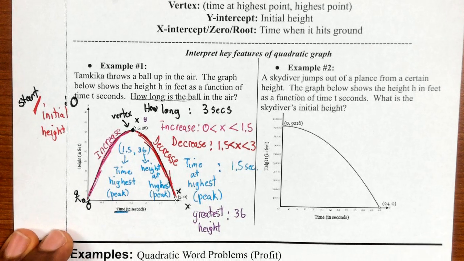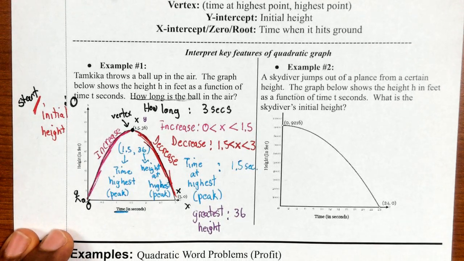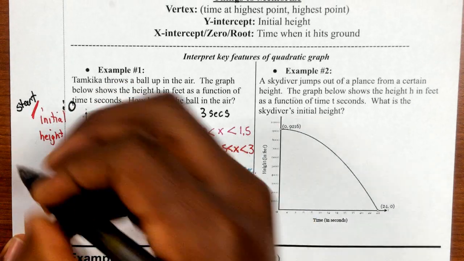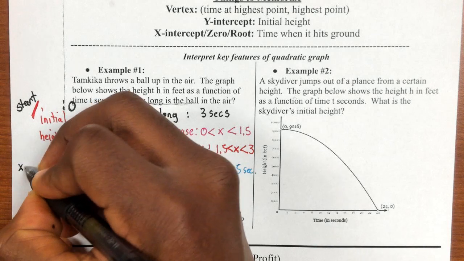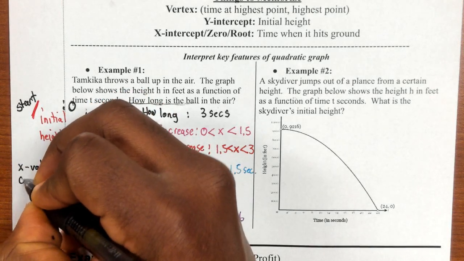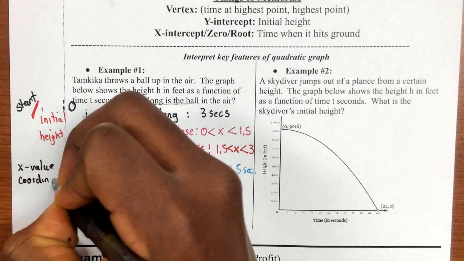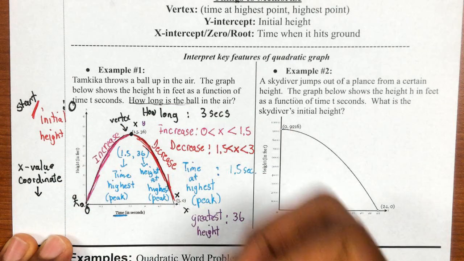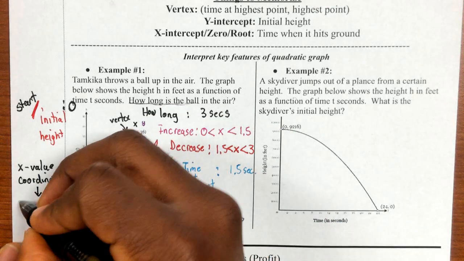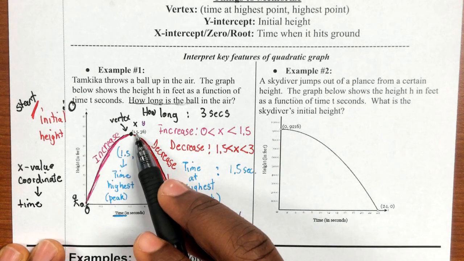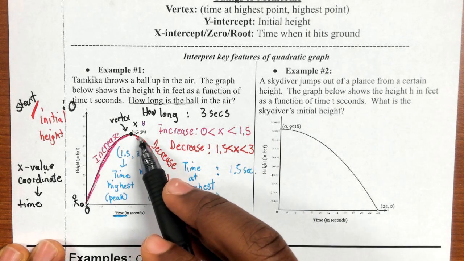What if it asks you what the vertex means? Well, the x value, or the x coordinate, of a vertex represents the time. So for me, the x value of my vertex will be 1.5.